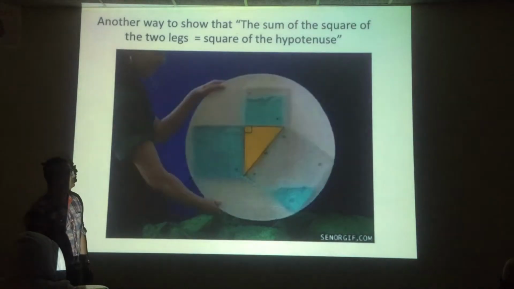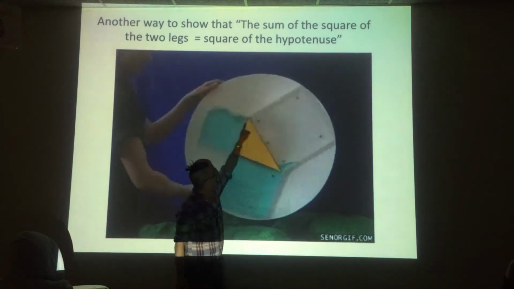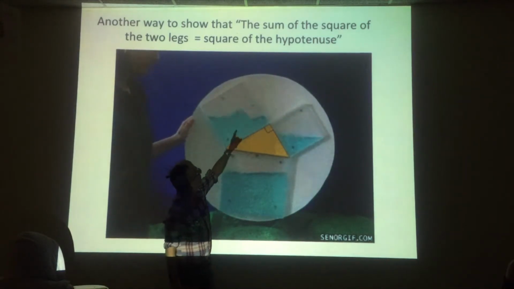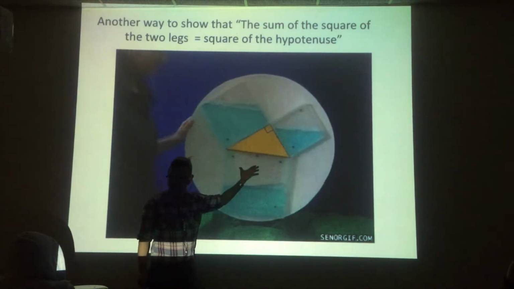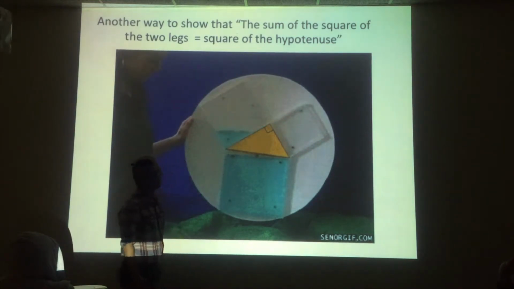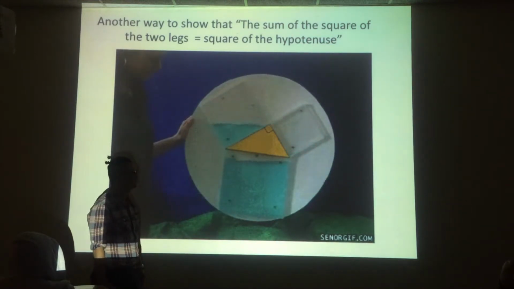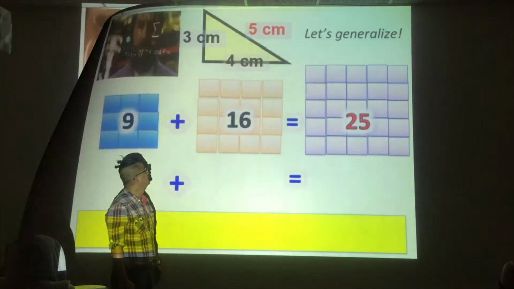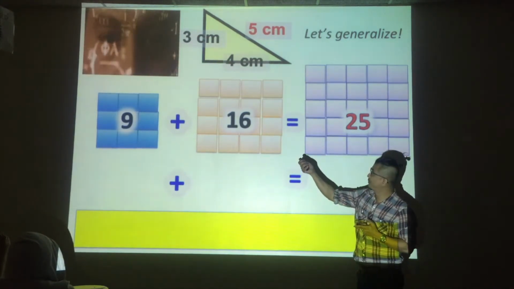So, to understand it more fully, look at this. The square formed by the legs, this is the square of the legs, is filling up the bigger square. See that? It's filling up the space to make the bigger square. Now, a while ago, from the altitude, we said 3. What did we do with 3?